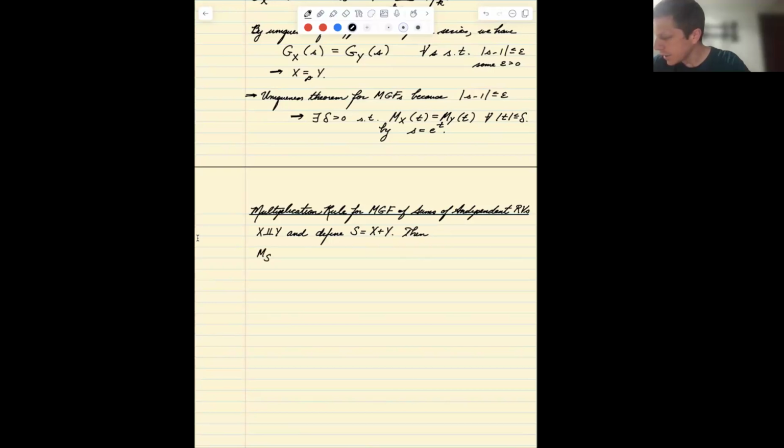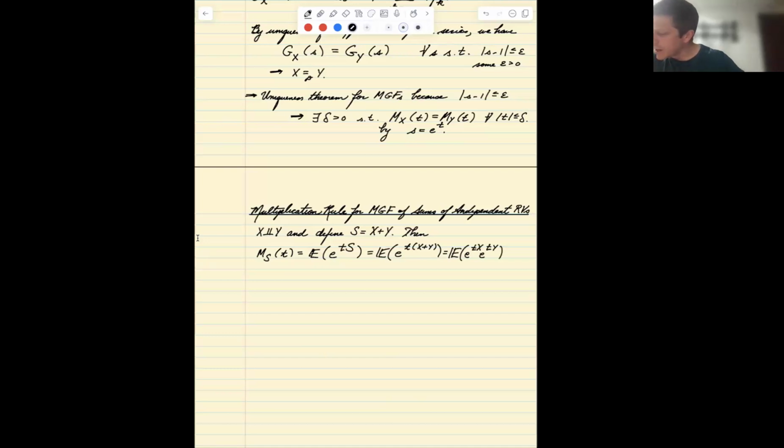the moment generating function of the sum, by definition, is the expectation of e to the tS. S is X plus Y, so e to the tX times e to the tY.